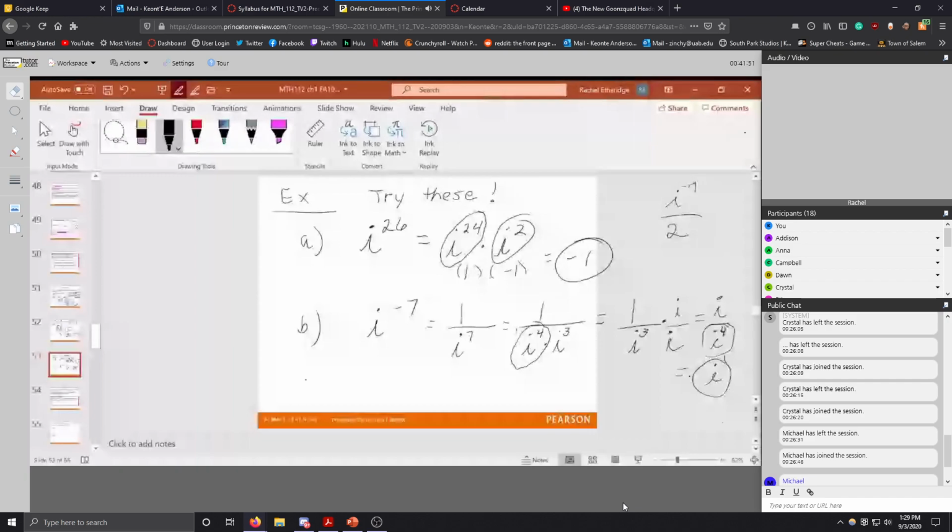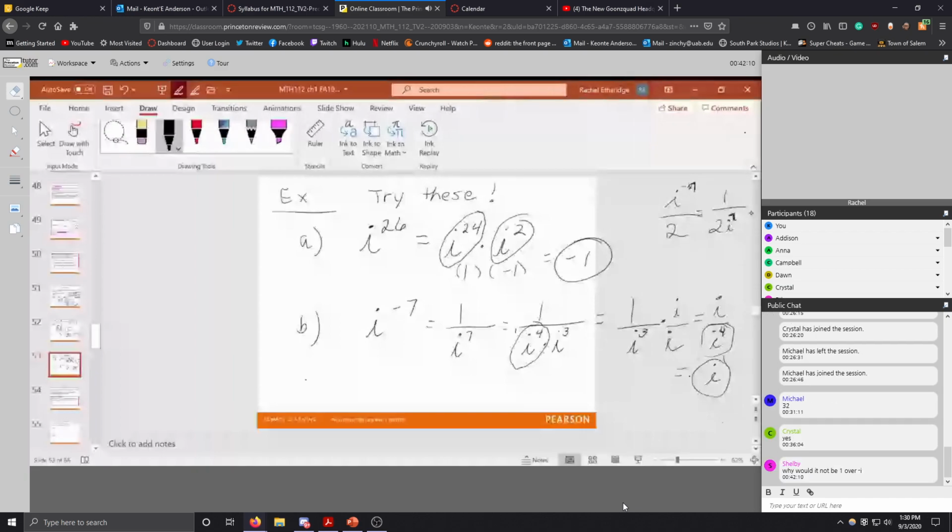You would just bring the i to the 7th down, so you would have 1 over 2 i to the 7th. The 2 would just stay. Nothing would ever happen to that 2. It would just be there at the end. So when you did this, you're going to get the same thing. You're going to have i, but you have that 2 there. So you would end up just with i over 2.